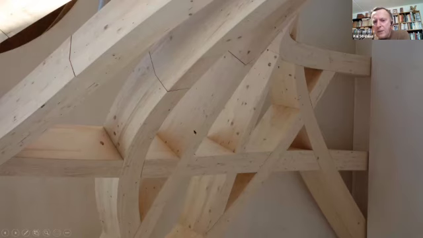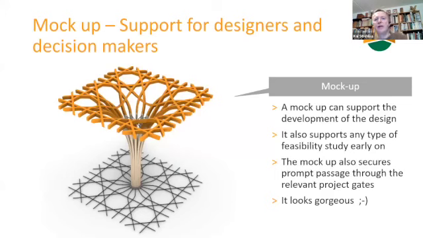You can also see that some lamellas are extremely thin, some are thicker, and then here we have lamellas of 40 millimeters. And this is something quite important to analyze in the beginning because this kind of wood is much more expensive than this one here. But I will go in depth more in the presentation of the project.